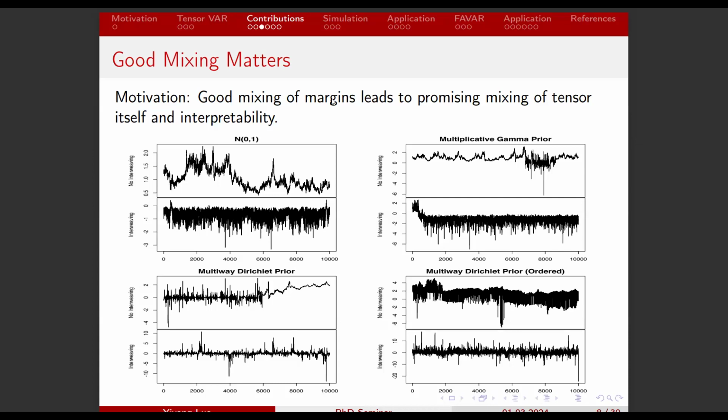So if we have Markov chains of the margins that don't mix well, then we can't interpret the results. You can see the top panel here. They are the trace plots of our margins, but none of them has good mixing. So we need some strategies that give us the mixing like in the bottom panels. And this strategy is called the interweaving algorithm.